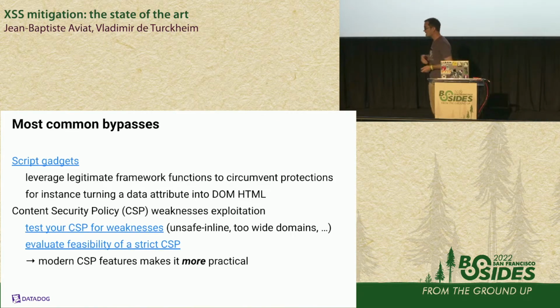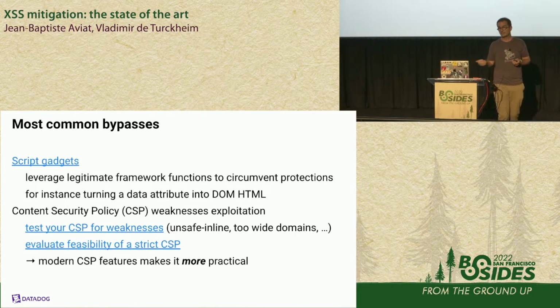And content security policy, which Vlad will describe a bit later, is also something that can be bypassed. It's complex, it's hard to get perfectly right, and pretty often you can find bypasses within content security policy.